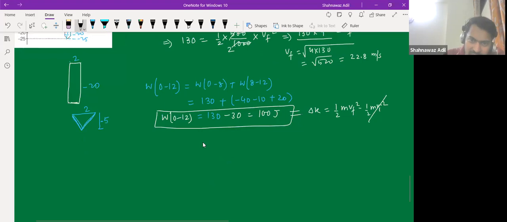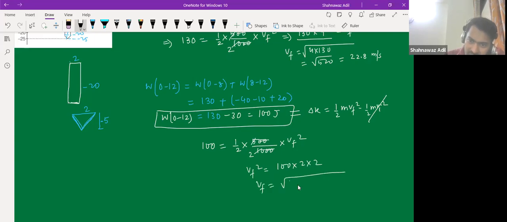So this work done is 100, and half m is 500 grams, which is this much kg, and v final square. This is joules. This is 2. So v final square is 100 into 2. Now this is root of 100 into 4, which is 10 into 4, which is 40 meter per second.